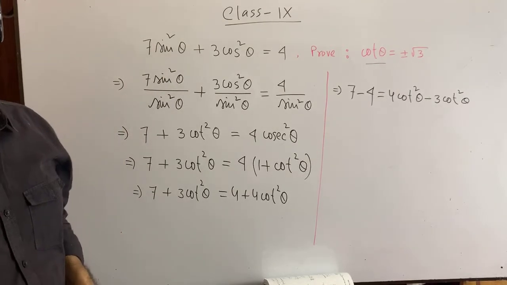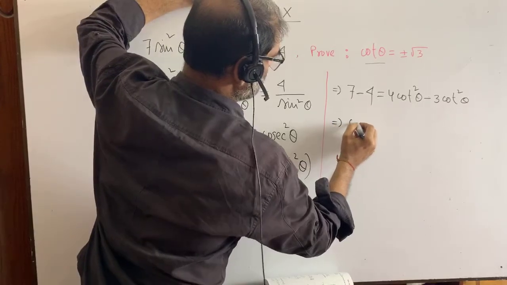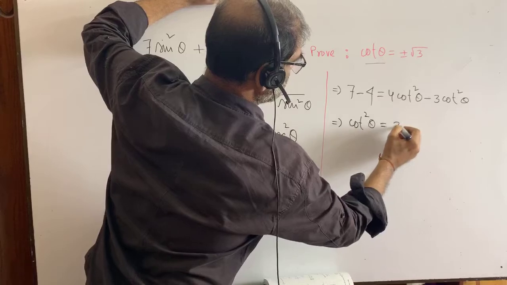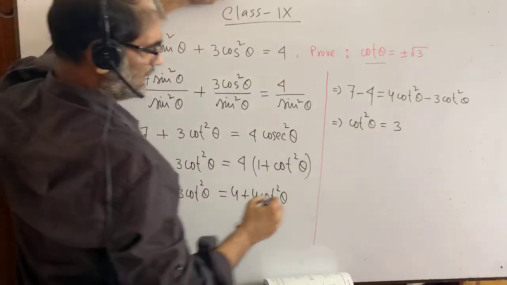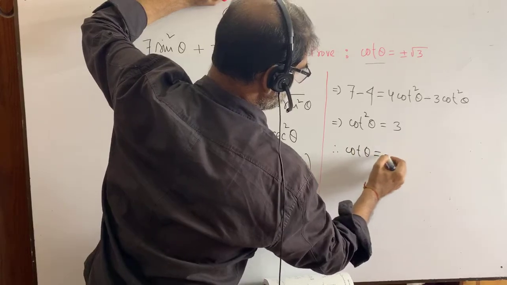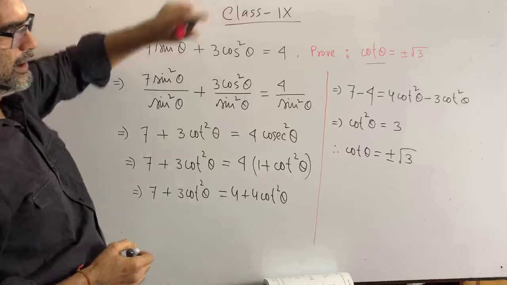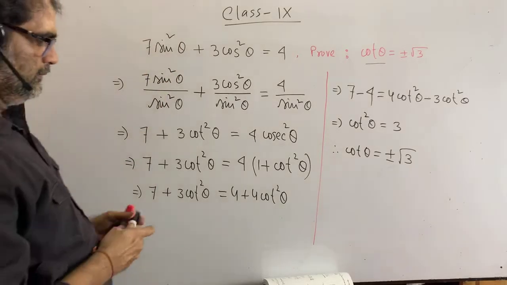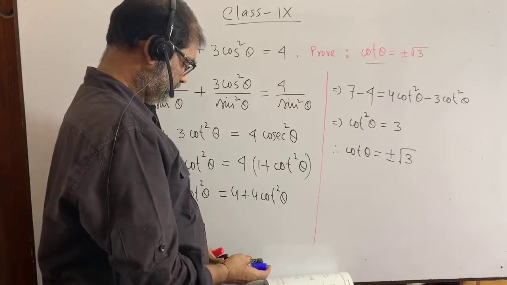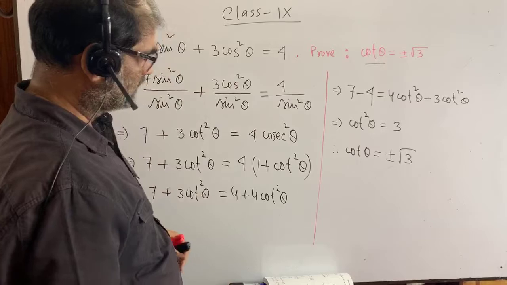Is it okay? Now from here we can write cot square theta is equal to 3. Therefore by square rooting we can get cot theta equals plus minus root over 3. Please copy this math.